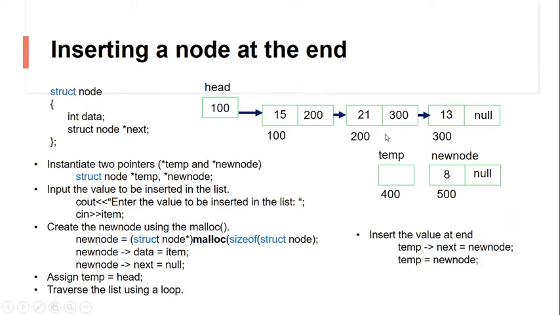Remember that the last node always has a next address of null, so this null will turn into what number? It should be 500, because we'll be inserting 8 as the new node.